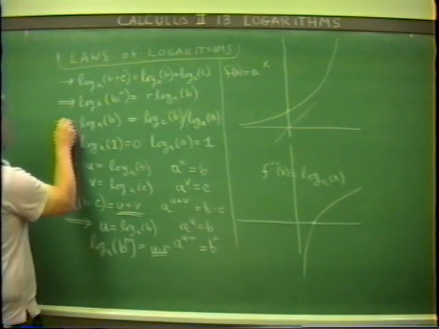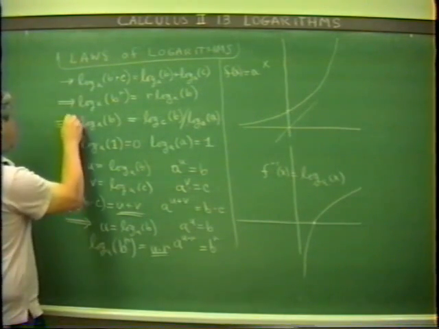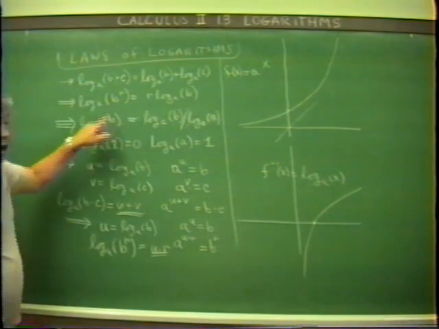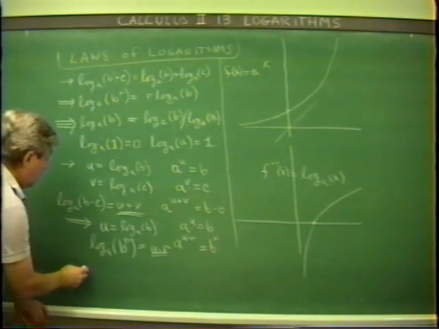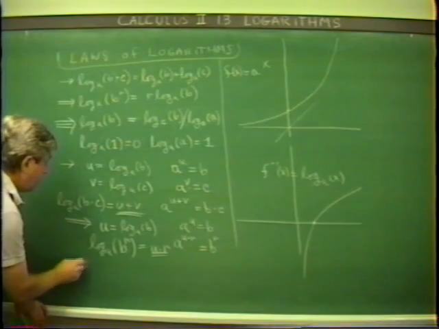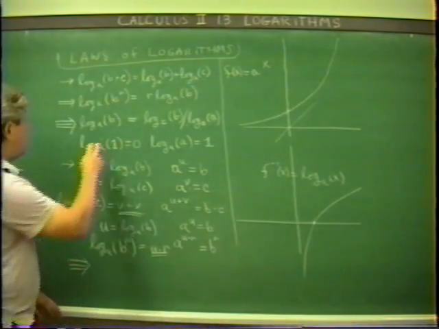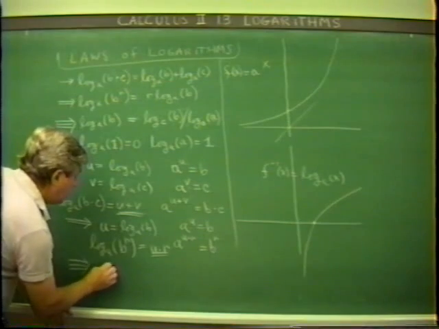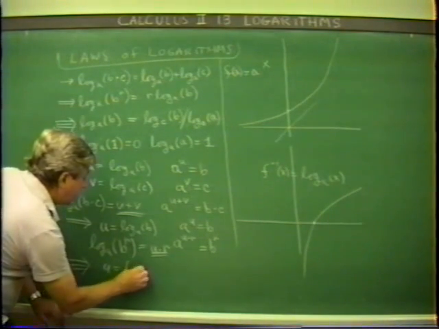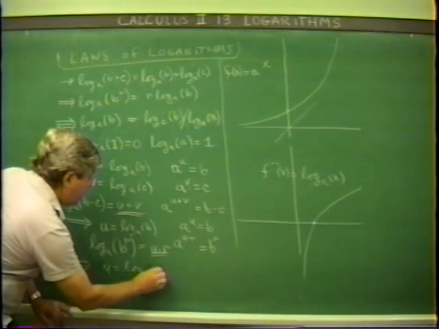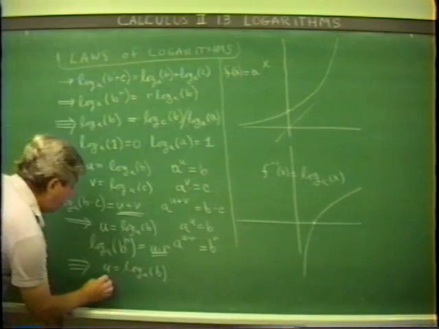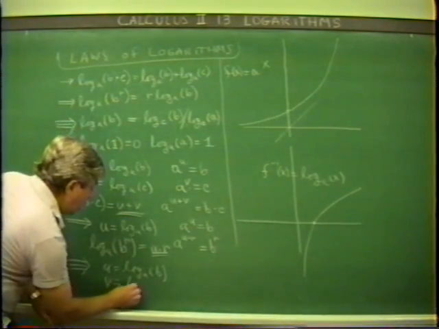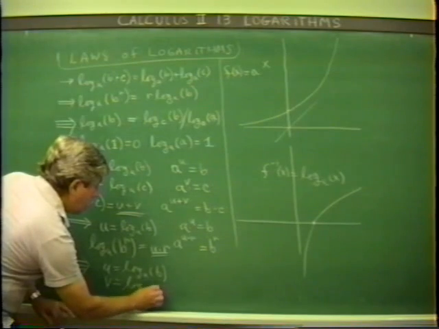Now this one right here, and this is a very important one, because it allows you to change from one base to another. Let's take a look at what's involved here. Let u again be equal to log to the base a of b. And let v be equal to log to the base c of b.